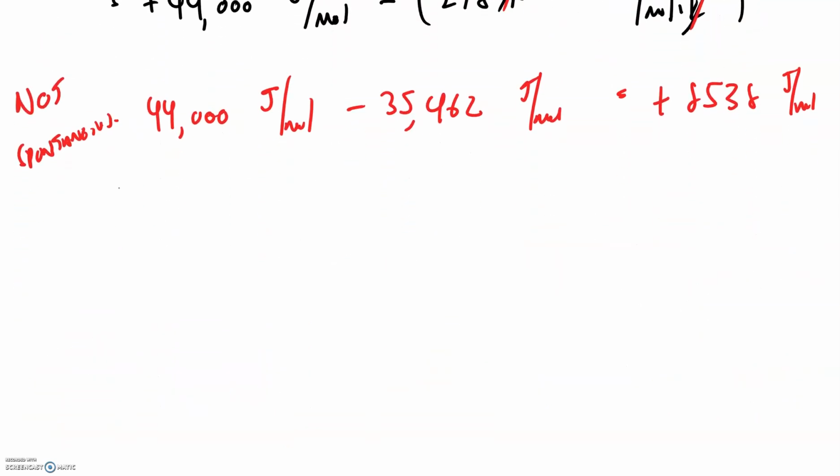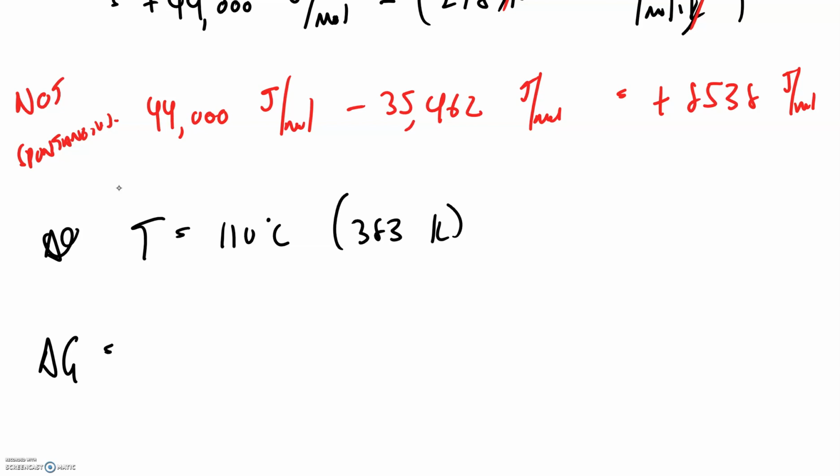But what if we heated our water to, let's make our temperature 110 degrees Celsius. We know water boils at 100. So will this occur spontaneously? This is now 383 kelvins.